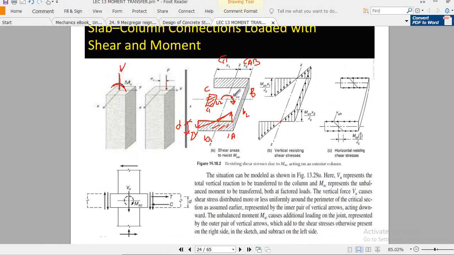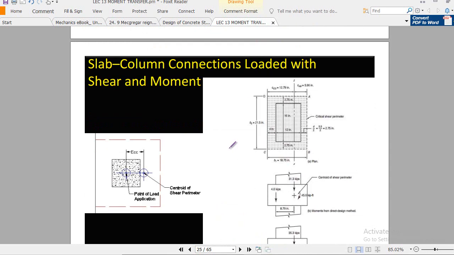And this kind of moment also causes horizontal shear, along the top and bottom of the slab, and it is denoted by Vuh. It is calculated by Mu d u2 divided by Jc. Let me discuss this Muv. This is very important to understand right now.